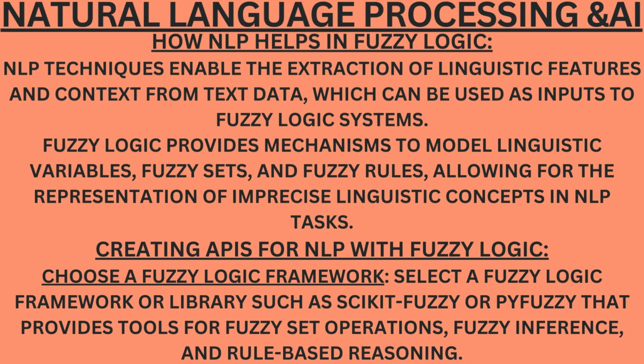NLP techniques enable the extraction of linguistic features and context from text data, which can be used as inputs to fuzzy logic systems. Fuzzy logic provides mechanisms to model linguistic variables, fuzzy sets, and fuzzy rules, allowing for the representation of imprecise linguistic concepts in NLP tasks.